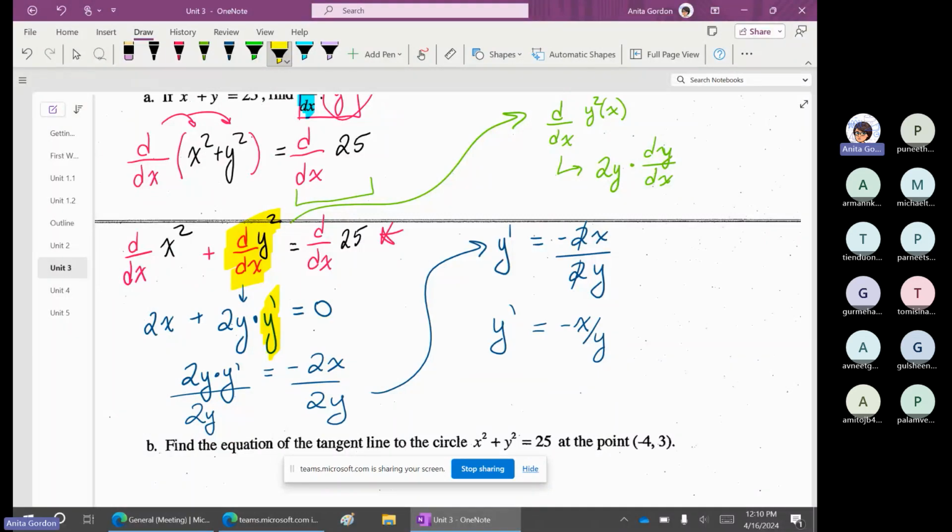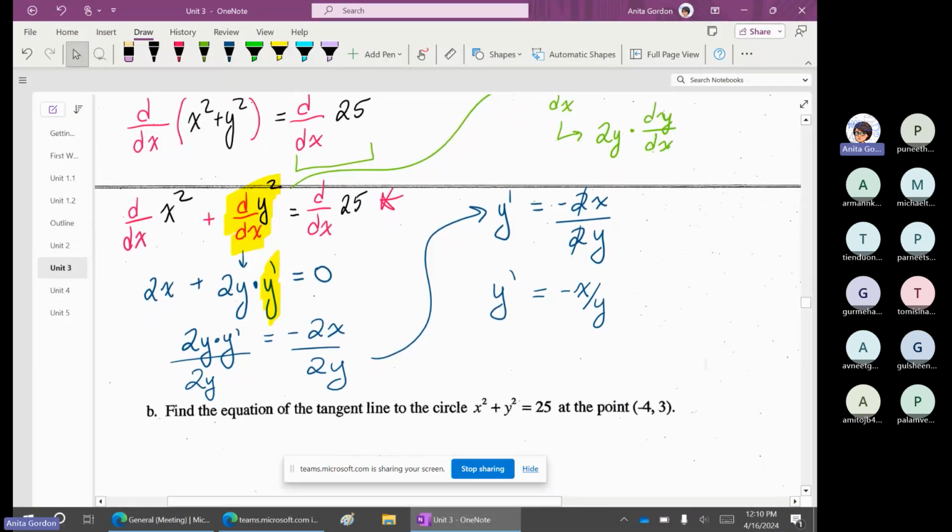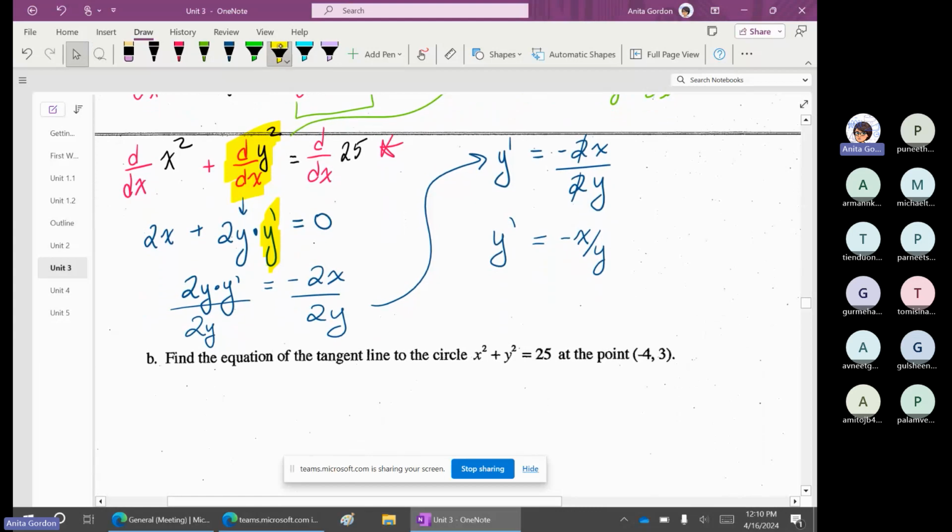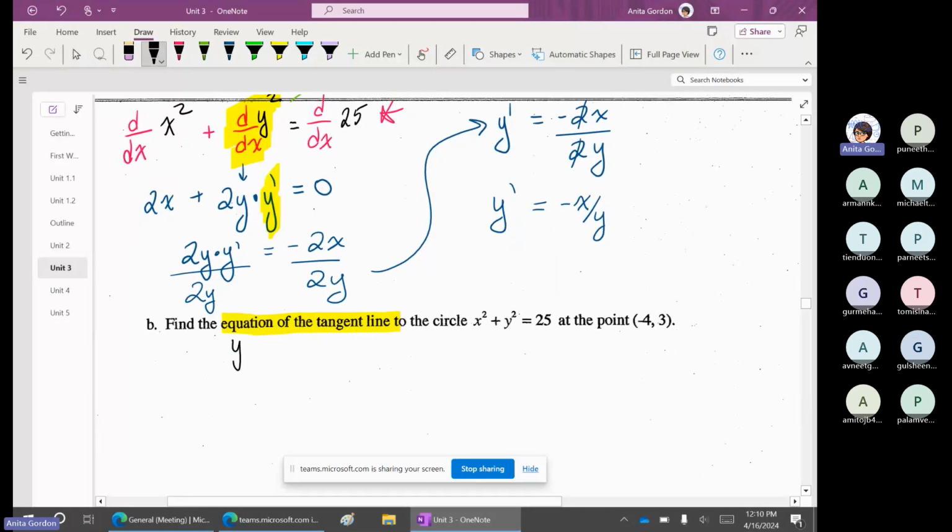All right. Next part. Find the equation of the tangent line. So this is point slope form, right? y equals m times (x minus x naught) plus y naught. To the circle, here's my function f of x at the point (-4, 3).